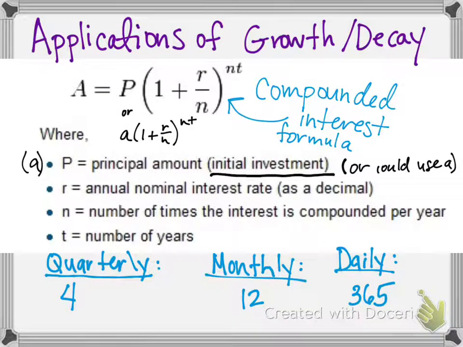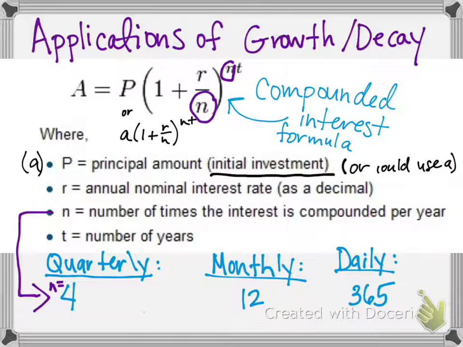The difference between this formula and the one that we've seen before is that we now have this N, so R over N, and then N times T. What that N stands for is how many times it's compounded per year. If it was compounded quarterly, then N would equal 4.